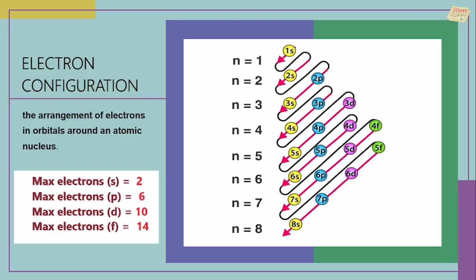Electron configuration is the arrangement of electrons in orbitals around an atomic nucleus. The maximum electrons of s is 2, the maximum electrons of p is 6, the maximum electrons of d is 10, and the maximum electrons of f is 14.